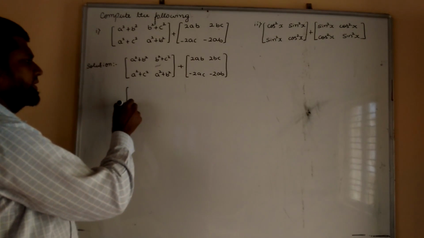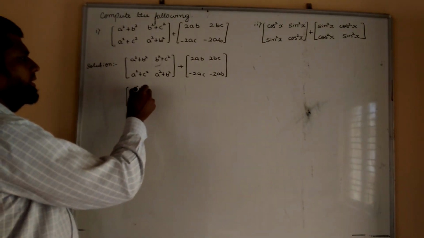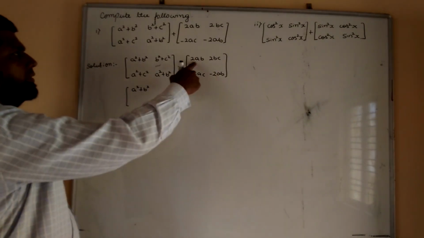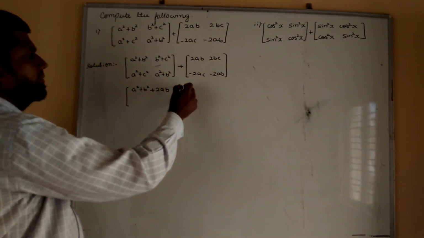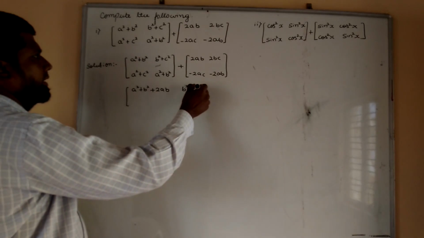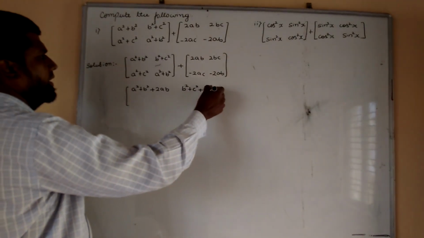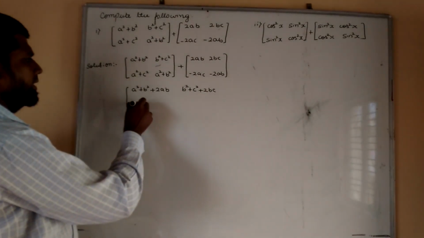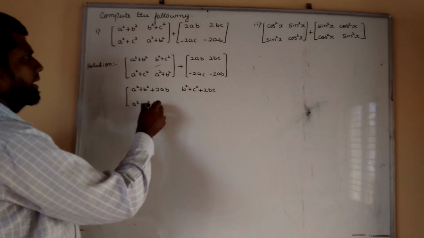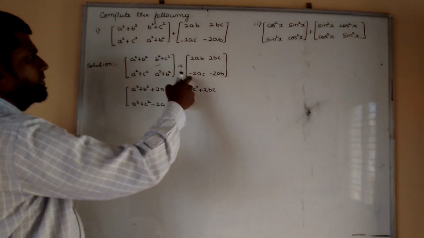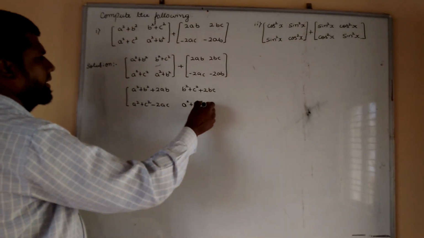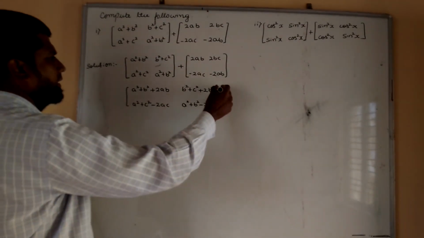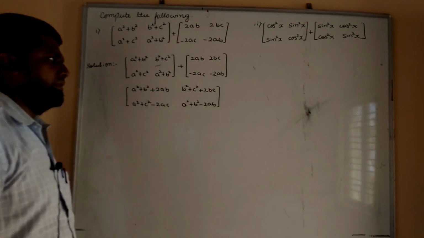So the first element is a square plus b square. Then if you add this one plus 2ab, then b square plus c square plus 2bc, then a square plus c square minus 2ac, and a square plus b square minus 2ab. So we added the two matrices.